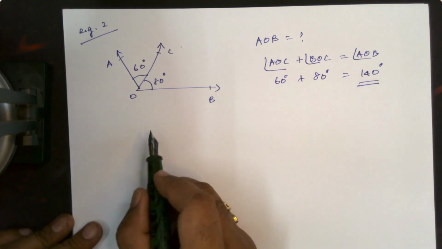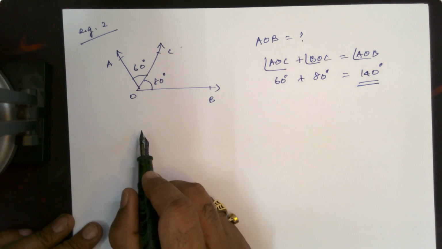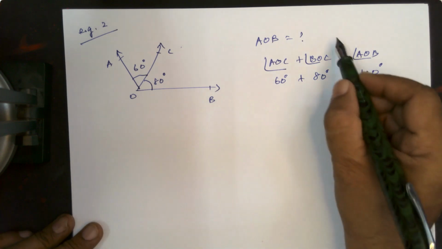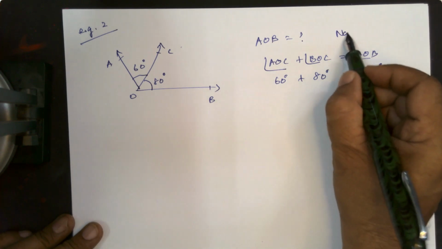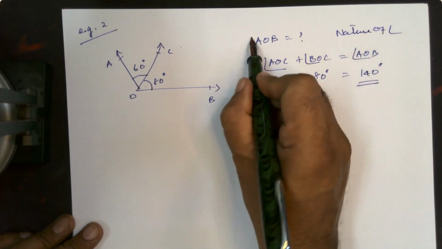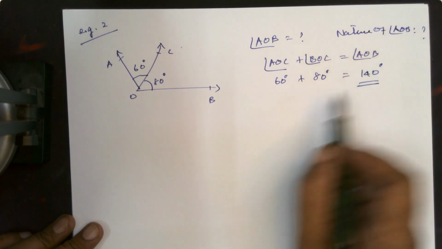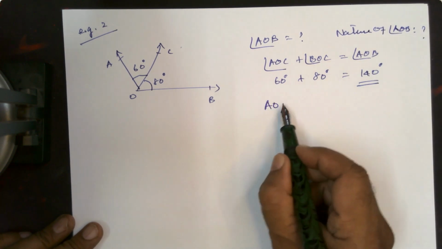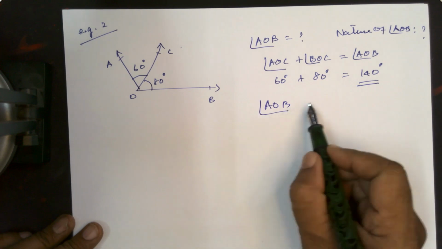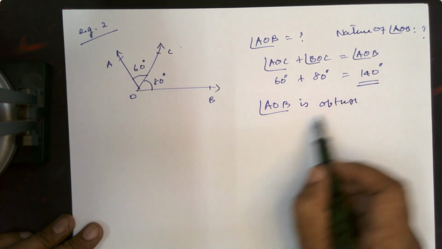Now tell me, what about the nature of the angle AOB? Obtuse. So if the nature of angle AOB is asked, you can say angle AOB is obtuse. Why?